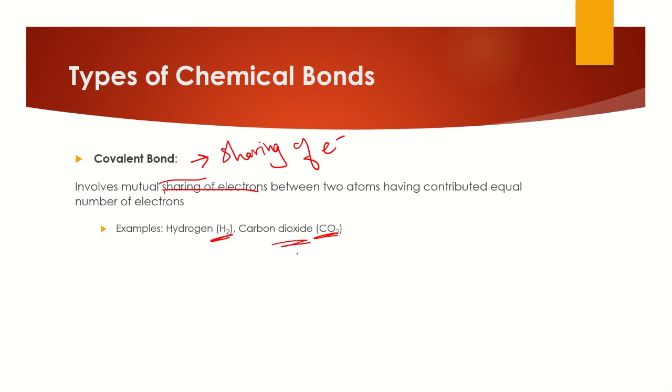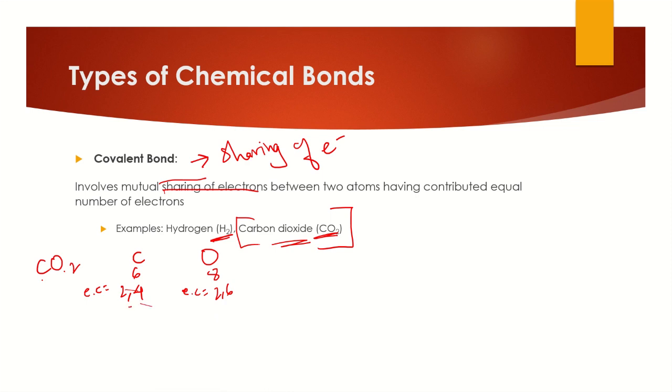Let me draw the structure for carbon dioxide to understand the covalent bond. So CO2, 1 carbon, 2 oxygen atoms. Carbon atomic number is 6, oxygen's atomic number is 8, and the electron configuration for carbon is 2, 4. For oxygen it is 2, 6.